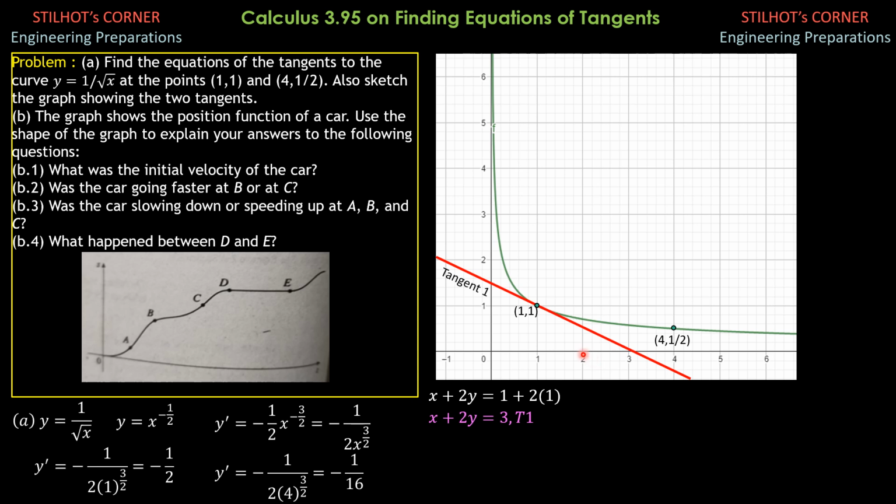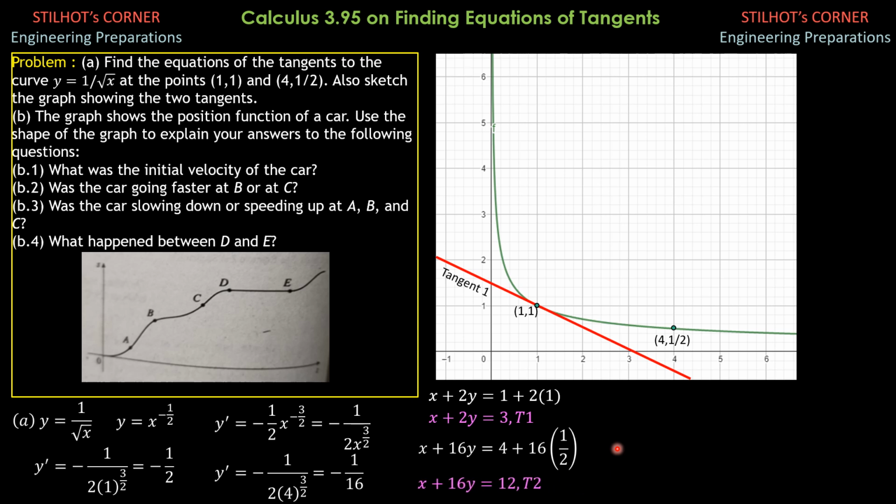And for the second tangent, the slope is negative 1 over 16. The equation is x plus 16y equals x1, which is 4, plus 16 times y1, which is 1/2. So x plus 16y equals 4 plus 8, so 12. The second tangent is x plus 16y equals 12.